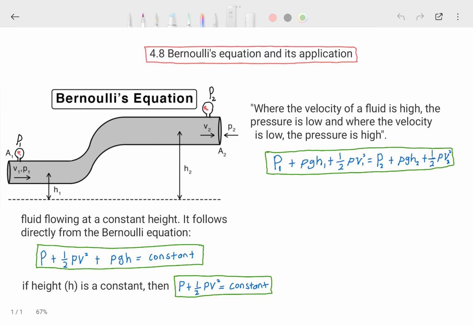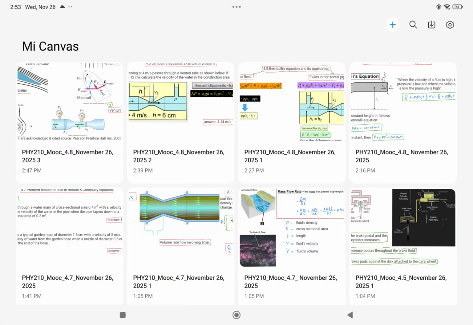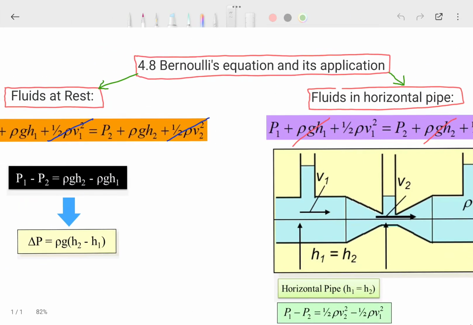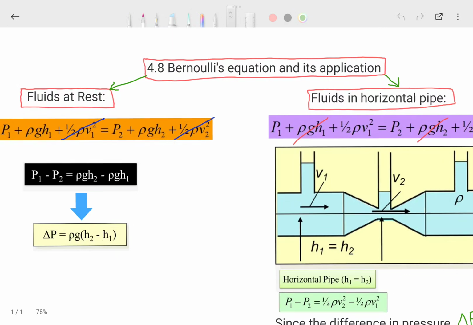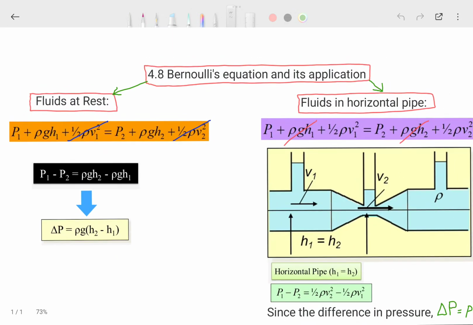So we go to the next one. If the fluid is at rest, the fluid remains at rest so that no velocity happens, which means V1 and V2 are both 0.